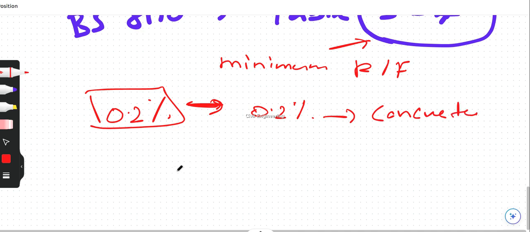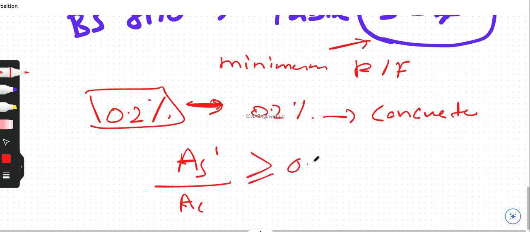It means As dash over the concrete area must be greater than or equal to 0.2%.